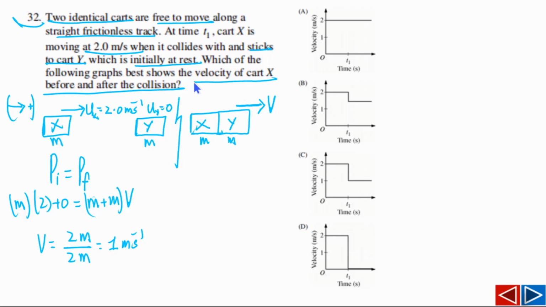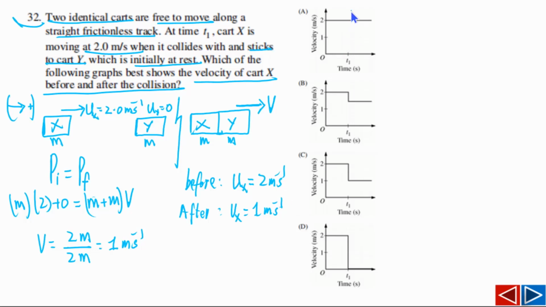So we have to look only at velocity of car x before and after. Before, velocity of car x, ux, is equal to 2 meters per second, and after collision the velocity of car x decreases to 1 meter per second, but it is still positive.